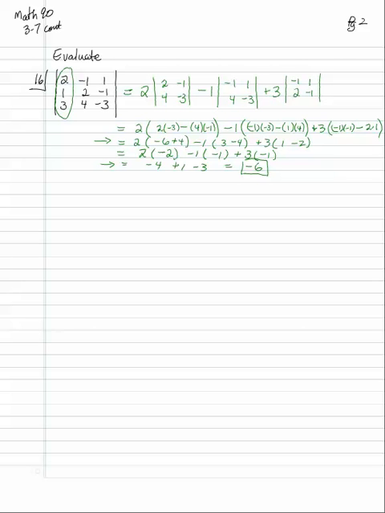So how do we go back to systems? How do we solve a system using determinants? Well, this mathematician, last name's Cramer, came up with this idea of how I can use determinants to solve a system.